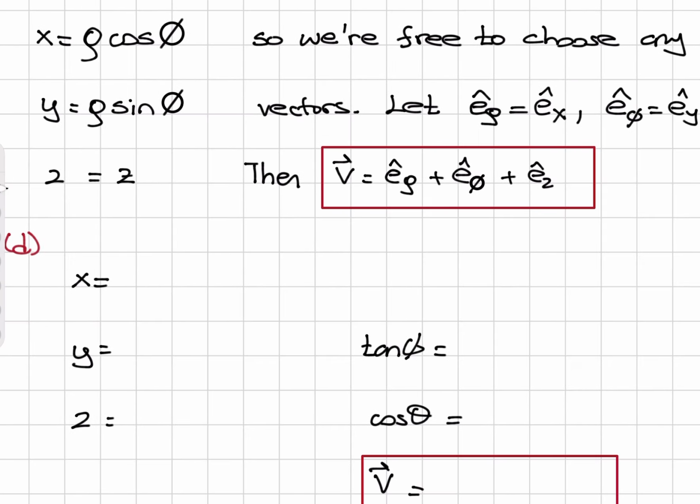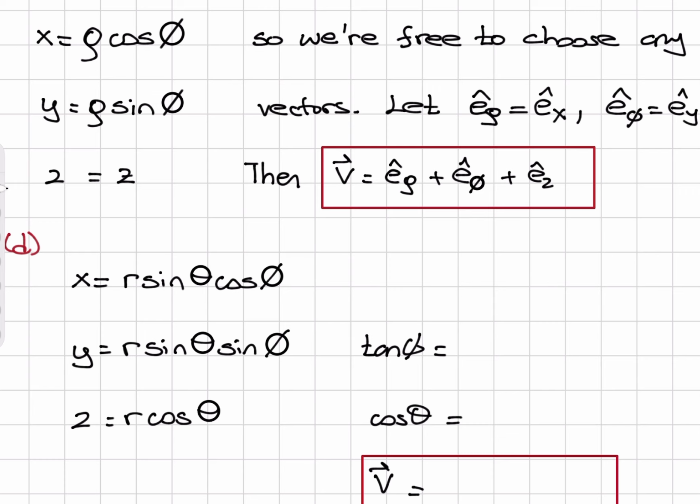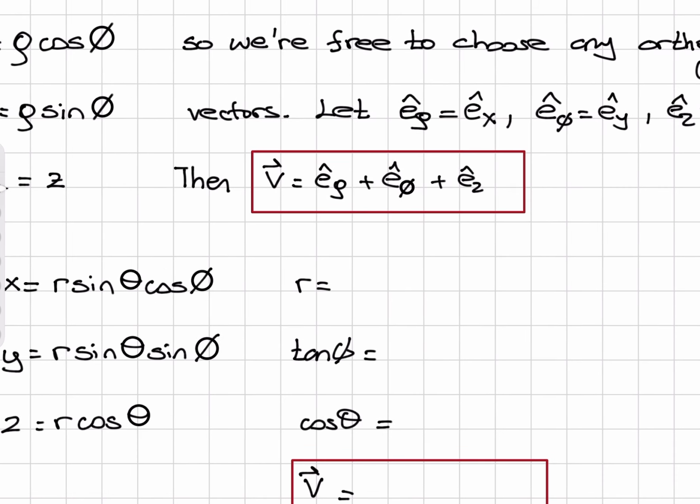Now for the spherical coordinate system, x is equal to r sine theta cosine phi. So we have r sine theta cosine phi, the coordinate transformation, and r sine theta sine phi for the y coordinate, and the z coordinate is equal to r cosine of the polar angle theta. Now r is the square root of x squared plus y squared plus z squared.